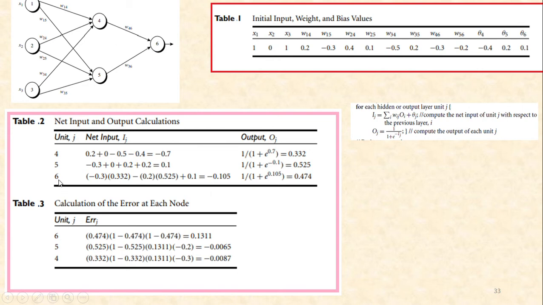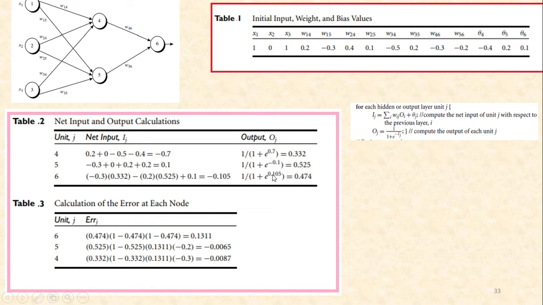The similar calculation is performed with respect to neuron 6. Here you can see that the input to neuron 6 is from neurons 4 and 5 respectively, and the weights are W46 and W56. The outputs from these neurons are calculated as 0.332 from neuron 4 and 0.525 from neuron 5.